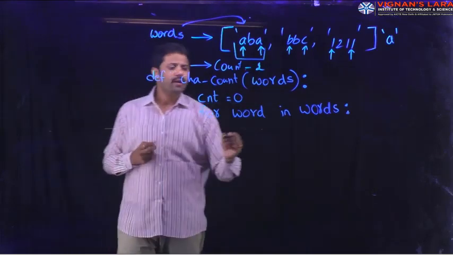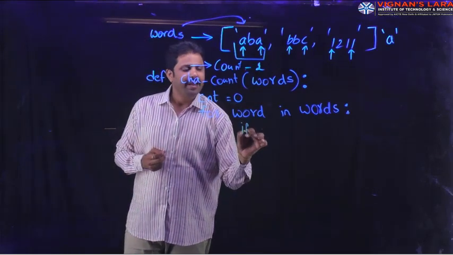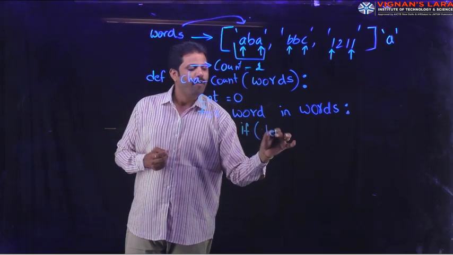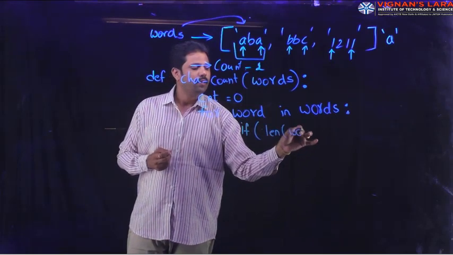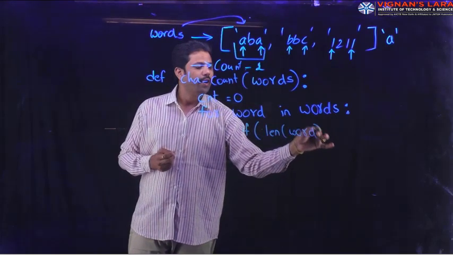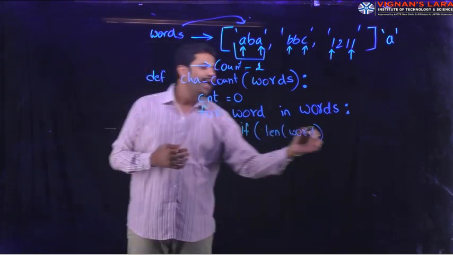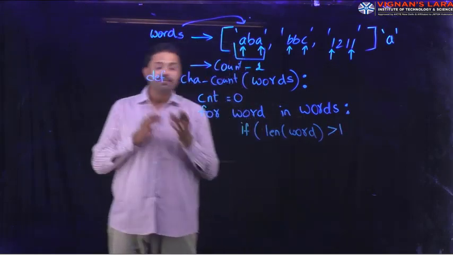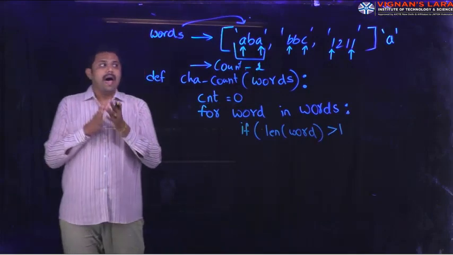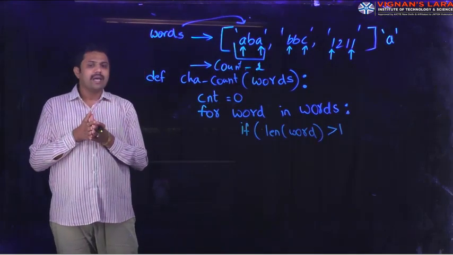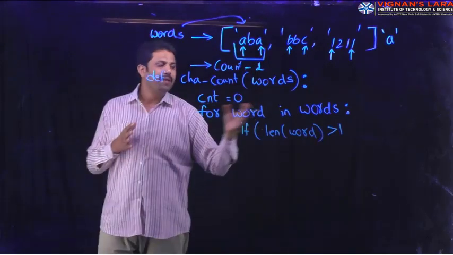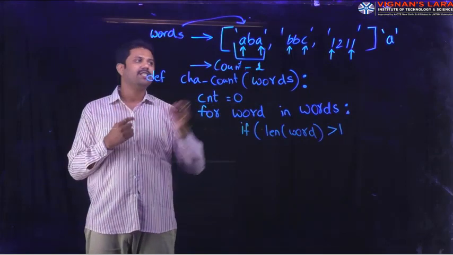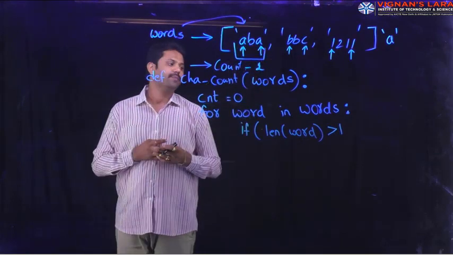Now check the condition. If len of word is greater than 1, it must be greater than 1, because without having at least 2 characters, it's not possible to check this condition.